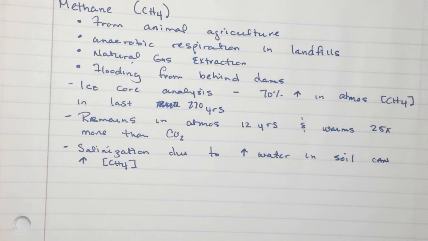So last part. I'm going to go through the first two effects of climate change, and then I'm going to leave the rest for next time. We can talk about the rest of it next time. First two effects.